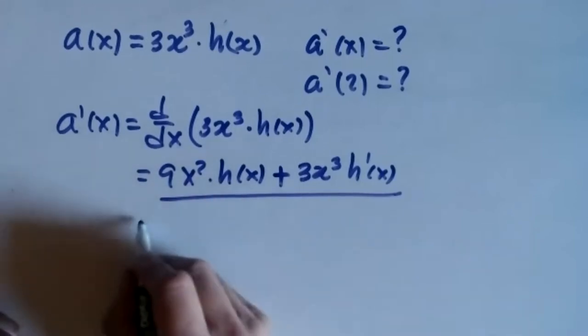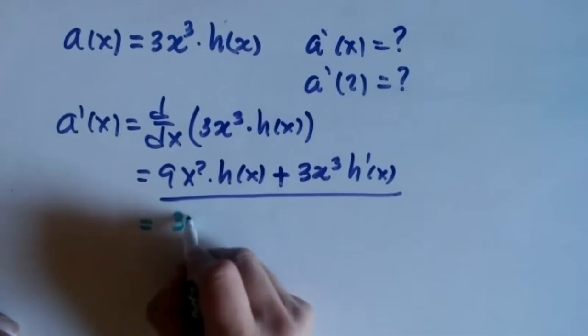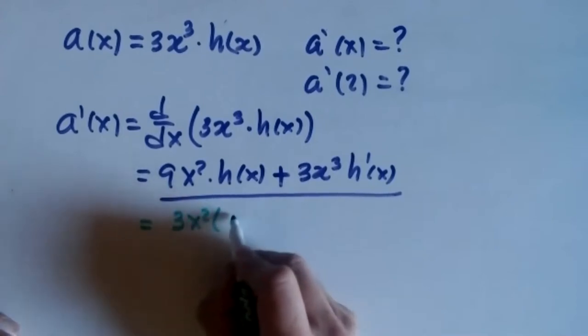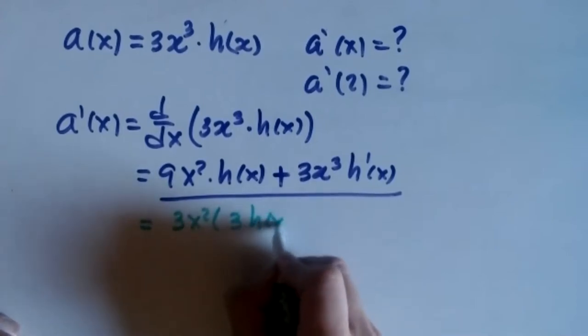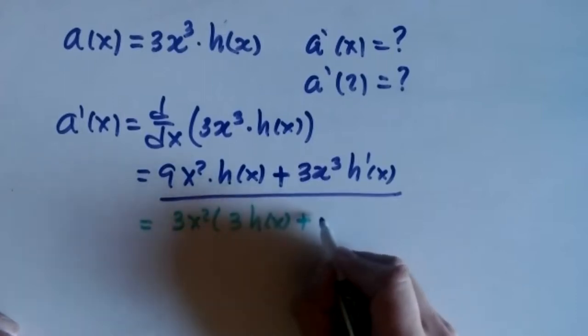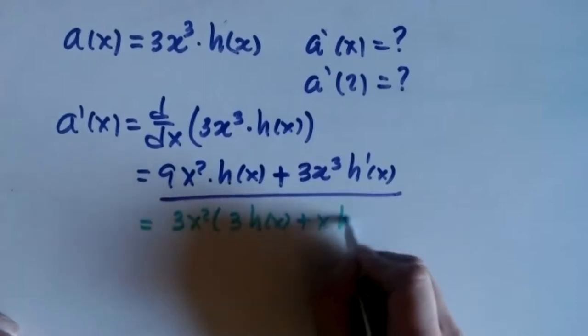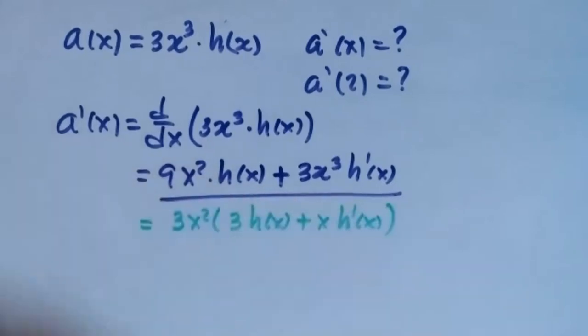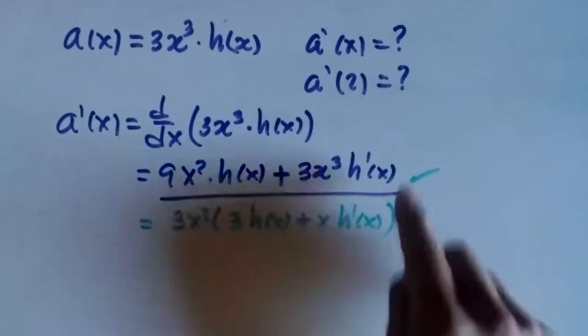This is 3x squared, parentheses 3h of x plus x h prime of x. So this is correct. You can factor the first two, x squared and 3. That's it. Okay, so this first one is fine.